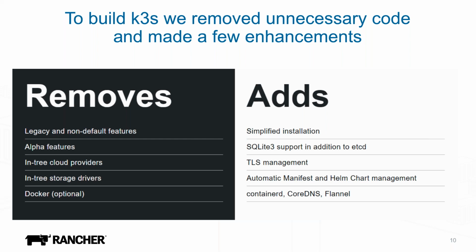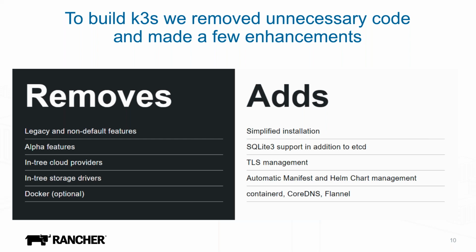Automatic manifest and Helm chart management. What is that? With K3s, there's a way to drop a YAML configuration file into a directory on the K3s server and have that propagate as if you did a kubectl apply -f to that file. And periodically the system will scan and see if there are any changes.